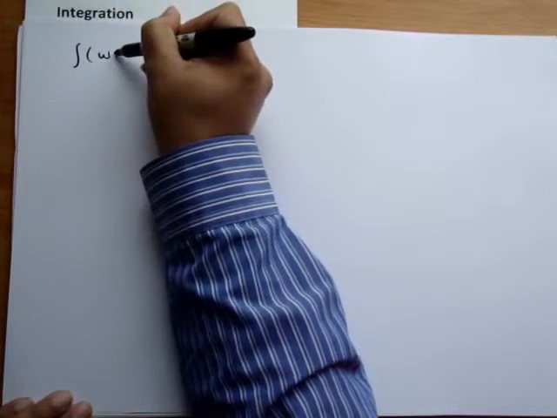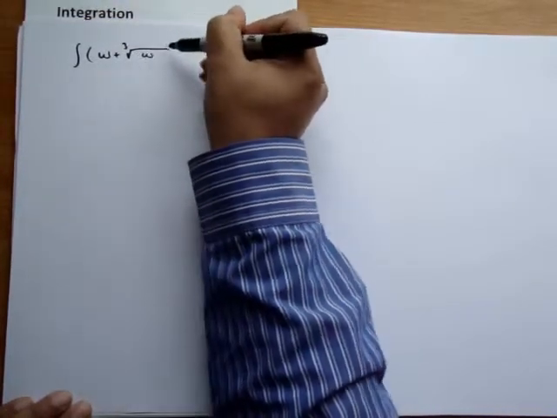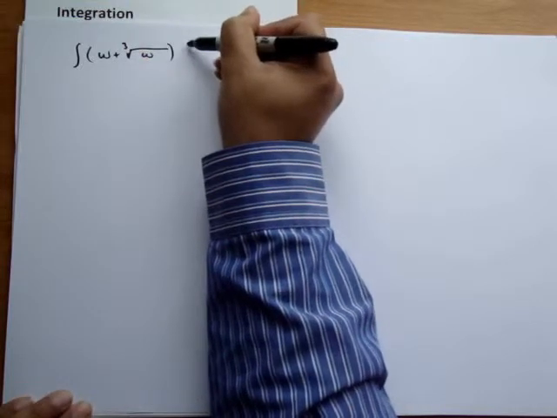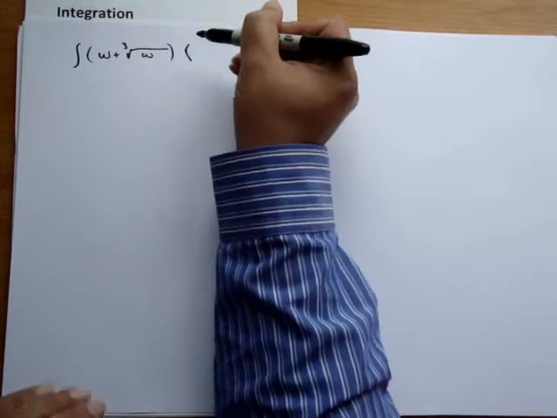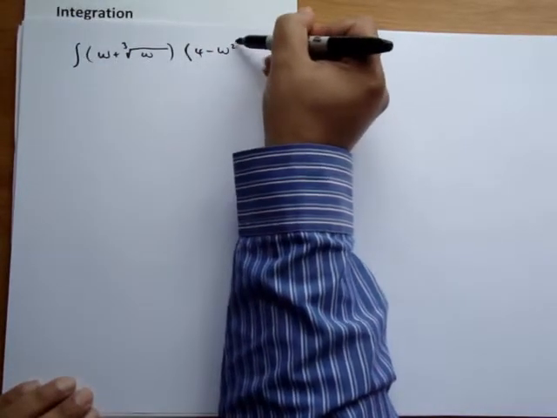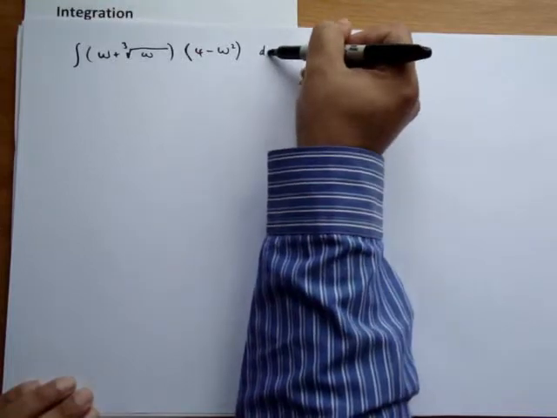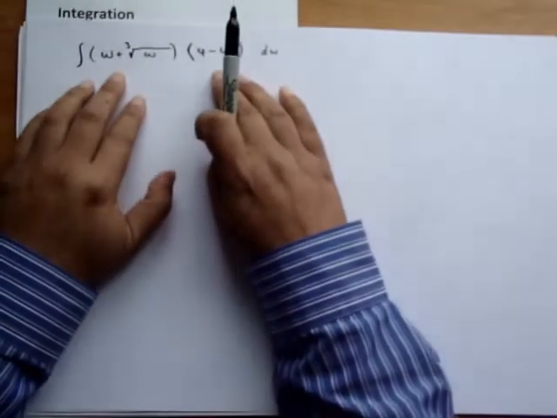Integral of w plus the cube root of w and then brackets 4 minus w squared, and that's dw. So how would we do that? Well, we've got two things in brackets.